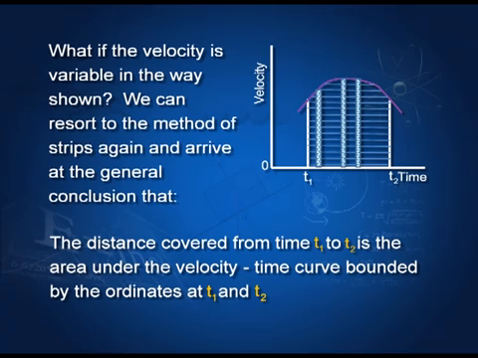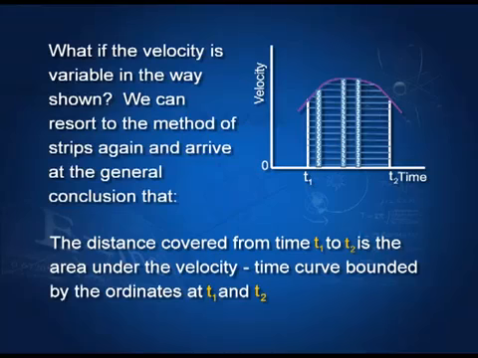So, therefore, the whole area would be equal to the area of these strips, which is the area under this curve from time t1 to t2. So, the distance covered from time t1 to t2 is the area under the velocity time curve bounded by the ordinates at t1 and t2.